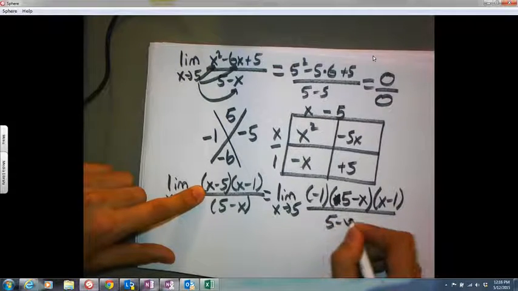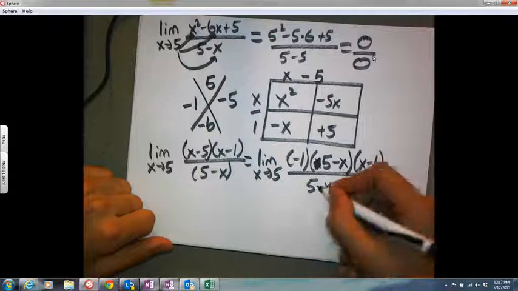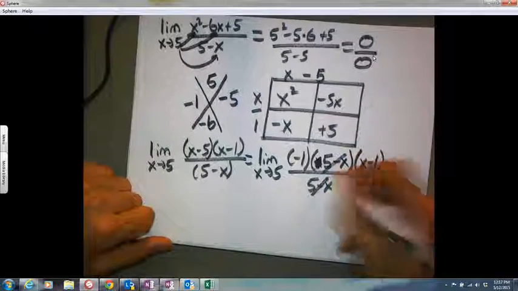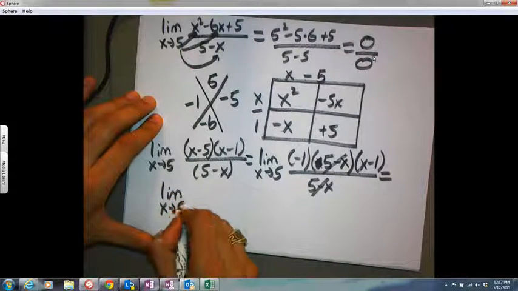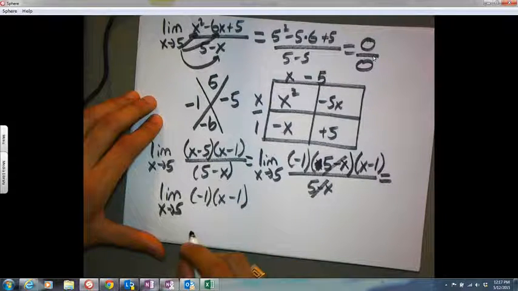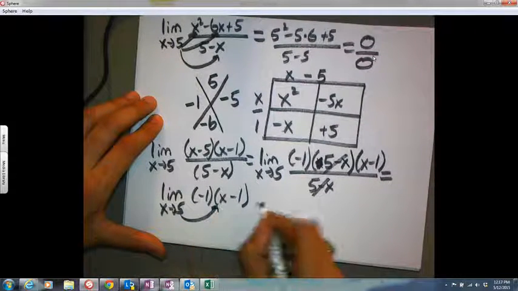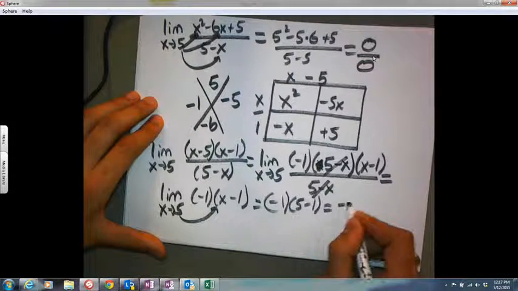Now these go away. So limit as x goes to 5, negative 1, x minus 1. Put the 5 here. Negative 4. Questions on number 5?